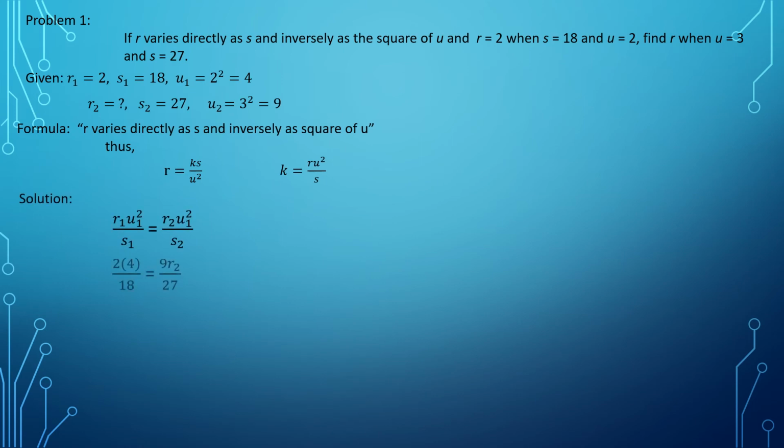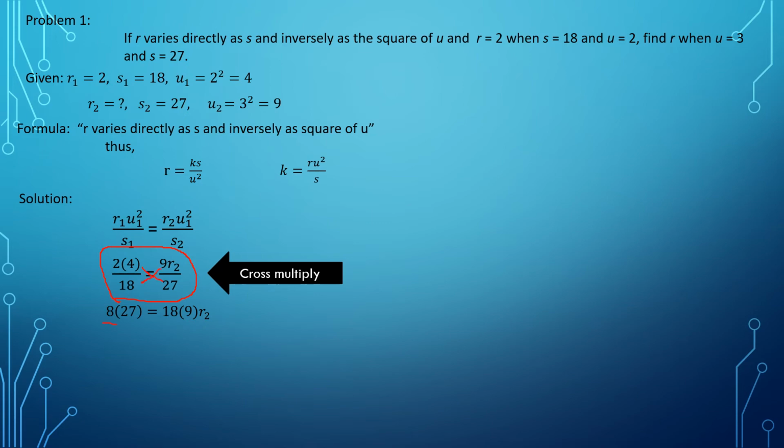Okay? So, i-continue na to. So, sunod na itong buhaton is i-cross multiply na to. Cross multiply. Okay? So, mahimo na siyang 8 times 27 equals to 18 times 9 r squared.